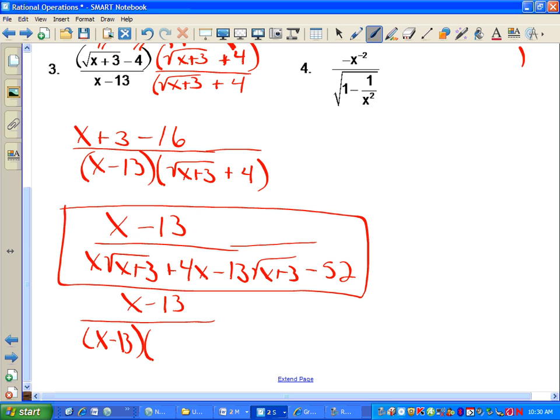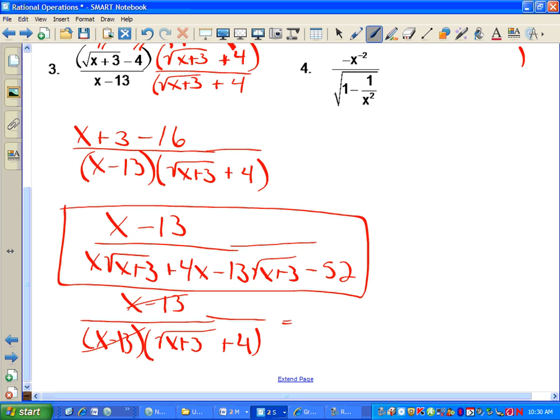Oh, wait. What am I thinking? We should cancel these, couldn't we? Let's look at this. X minus 13 times the square root of x plus 3 plus 4. Let's look at that. These cancel, don't they? I didn't even notice that because I distributed.